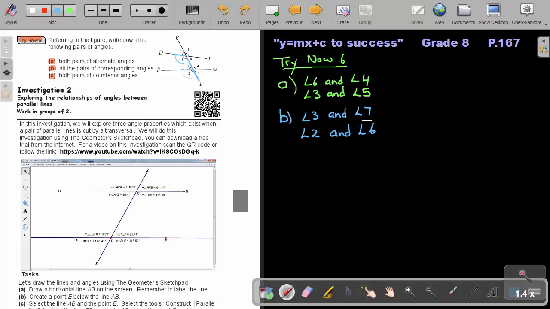Okay. Then we are going to make it like the other side. So we're going to make it like this. Can you see? So what will it be? It's 8 and 4. Angle 8 and angle 4. I think I must make it a little bit bigger.